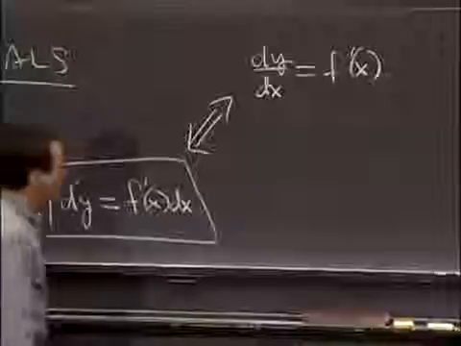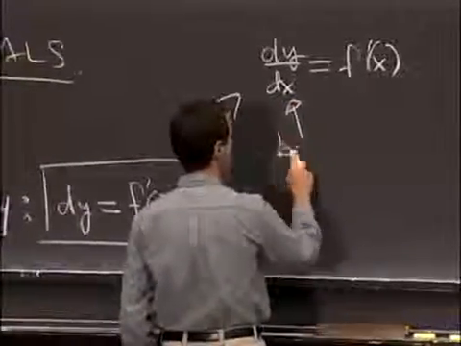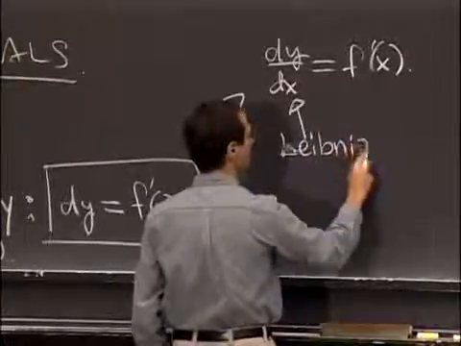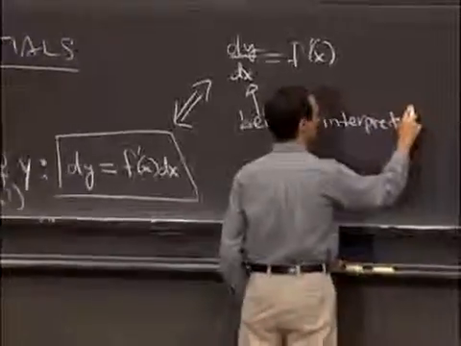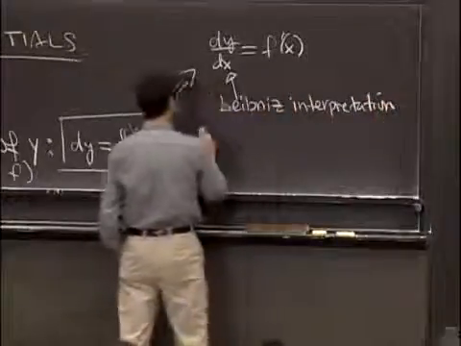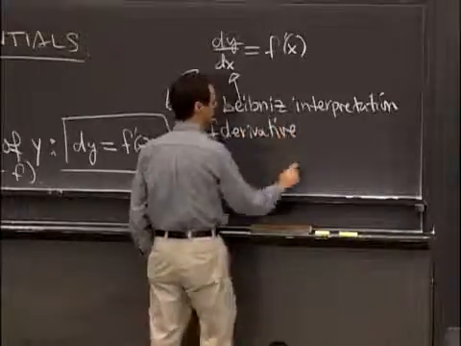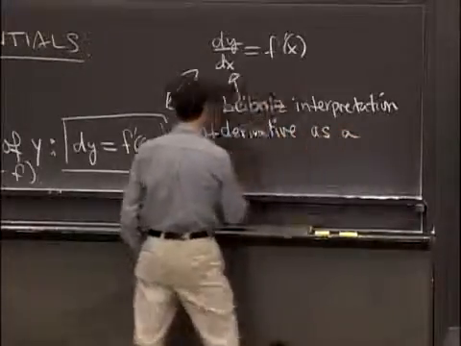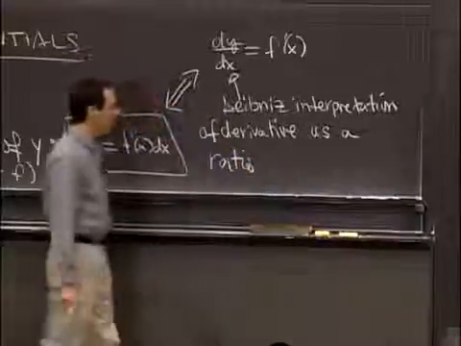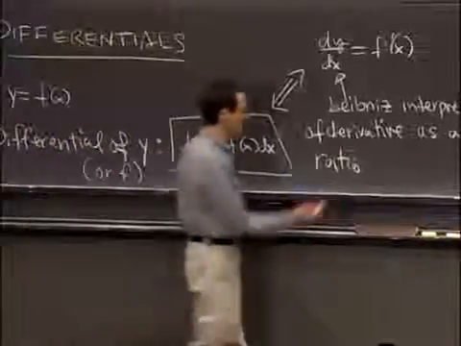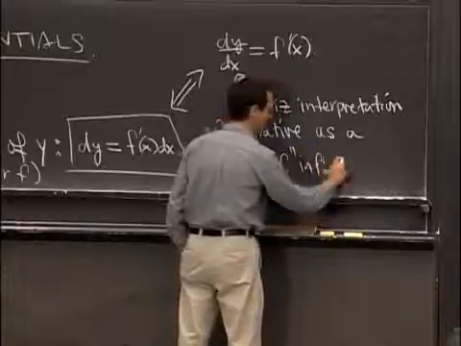And this is more or less the Leibniz interpretation of a derivative as a ratio of these so-called differentials. It's a ratio of what are known as infinitesimals.